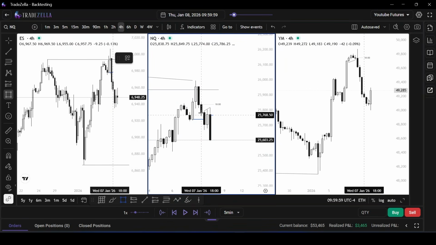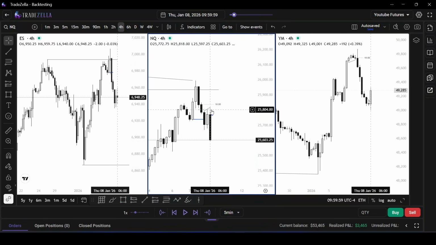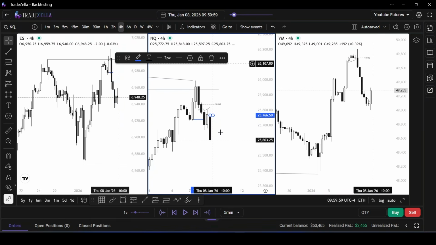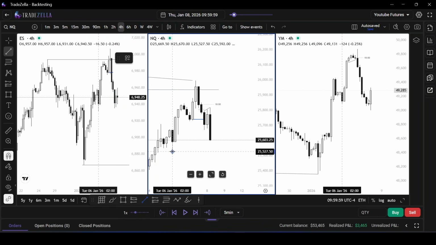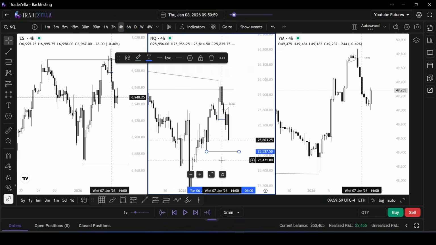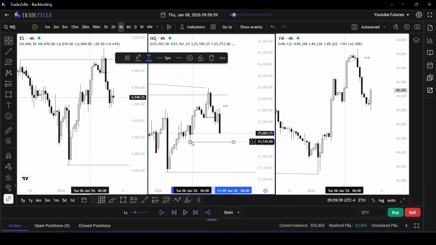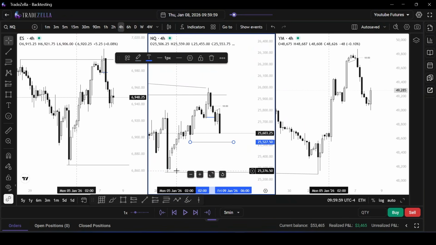Now we have a reaction from that fair value gap being confirmed by an SMT. So we have an SMT, we have a C2 closure. So now we can anticipate candle 3 to trade lower, potentially into this swing low. We can anticipate the trade to this swing low or maybe get to this low.